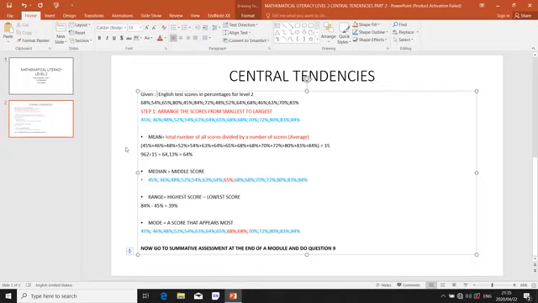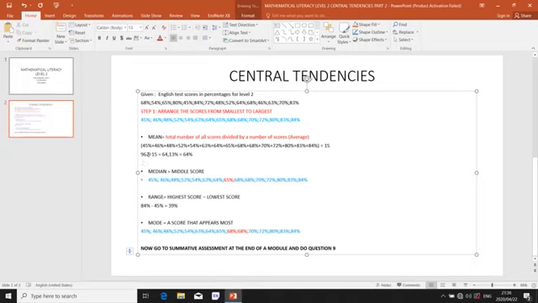You have to get the total first before dividing, because we have different calculators. You have to get the answer, which is the total of all the scores. In other words, the answer will be 962.